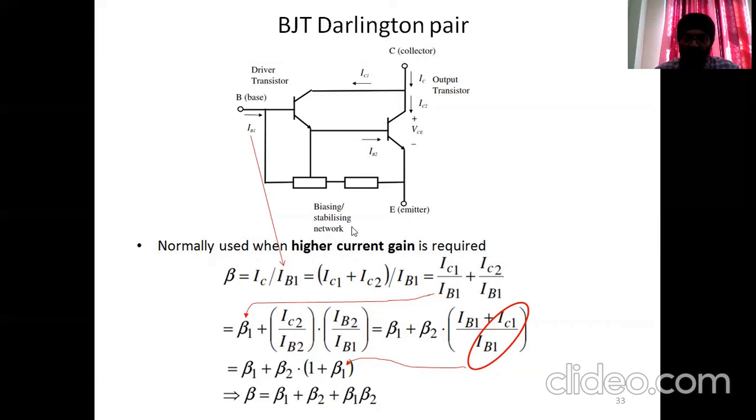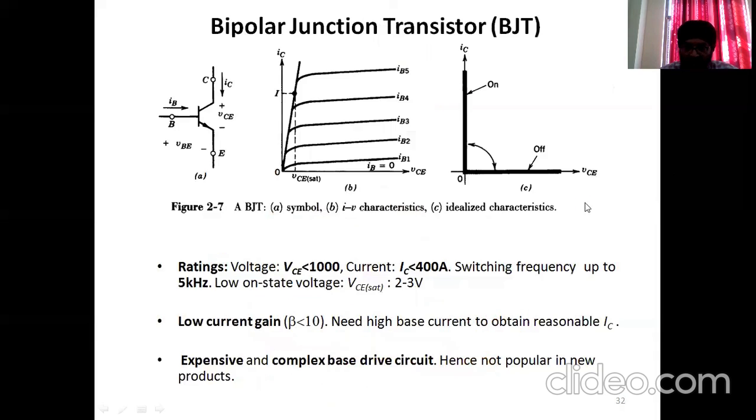So it means that by selecting individual high current gain transistors and then connecting them in a Darlington pair, we can have a larger value of current gain, which can overcome the disadvantage of the low current gain of BJTs in power electronics.